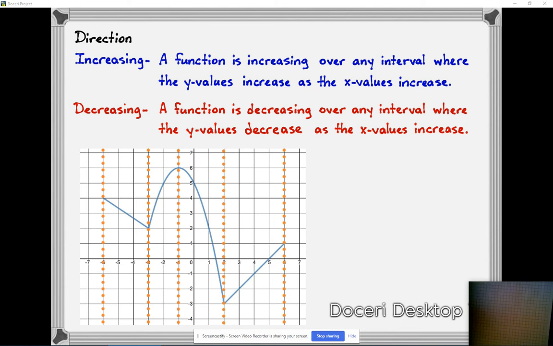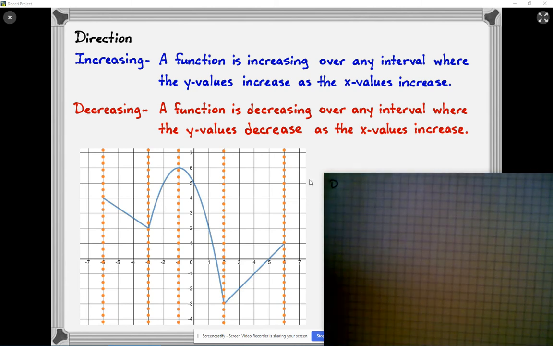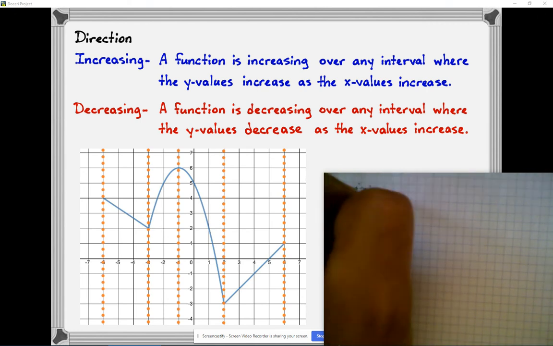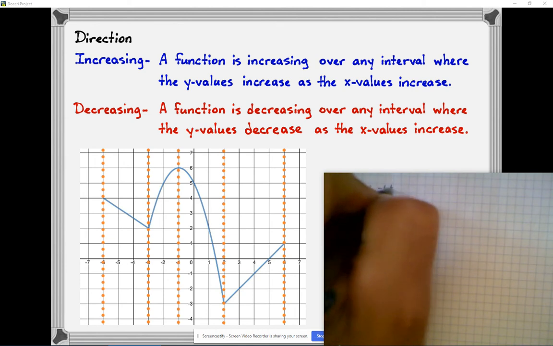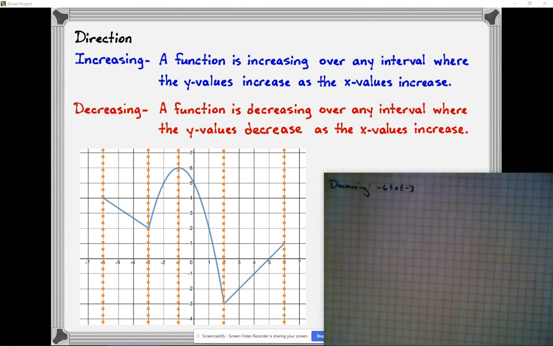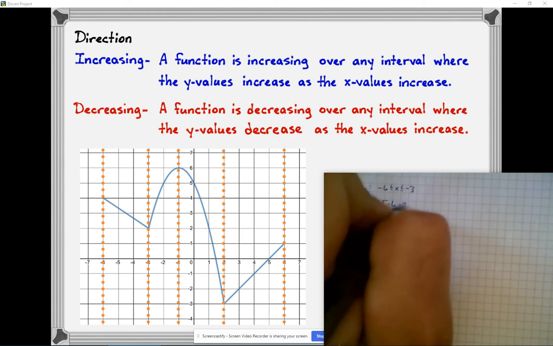So we would say we are decreasing over the interval from -6 less than or equal to x less than or equal to -3. It's an interval, not y values, x values. So from -6 to -3. If we're going to write it in interval form, it would be -6 comma -3.